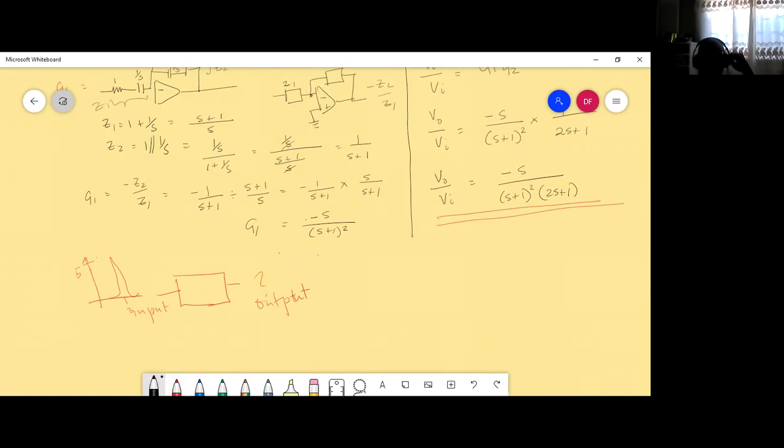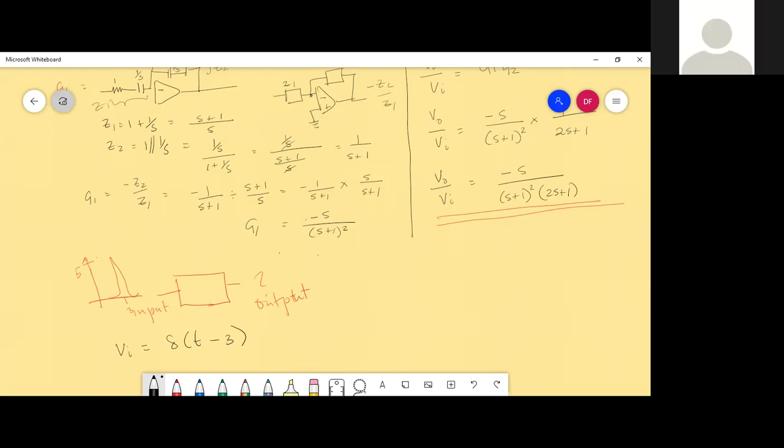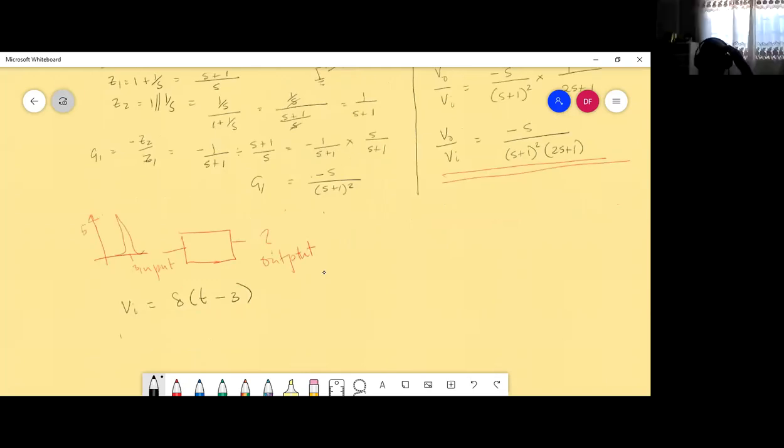So the first thing we have to do is, the input is a spike at t equal 3 seconds. So we write it like this. In maths, you call this the impulse function, the Dirac delta function at time t minus 3. Sorry, it is 5 times the impulse function.